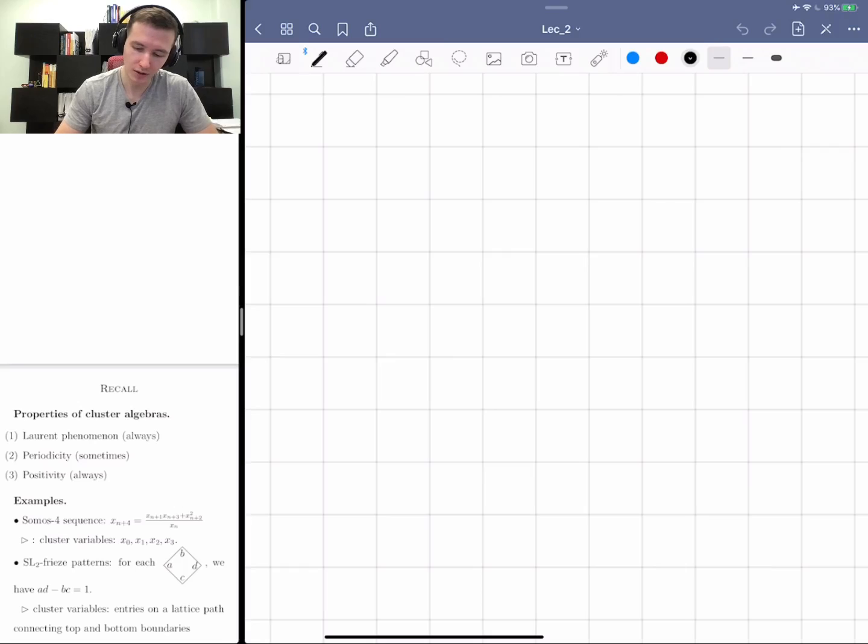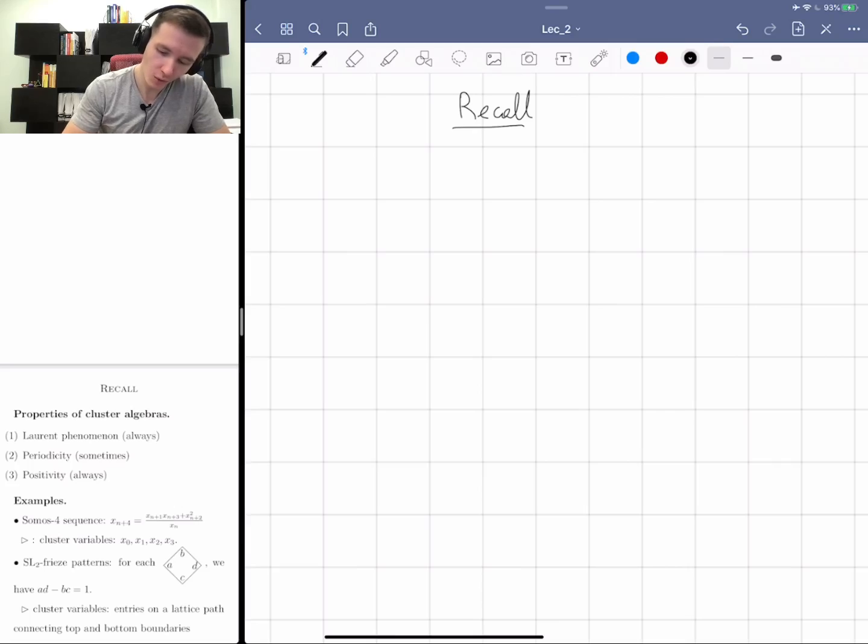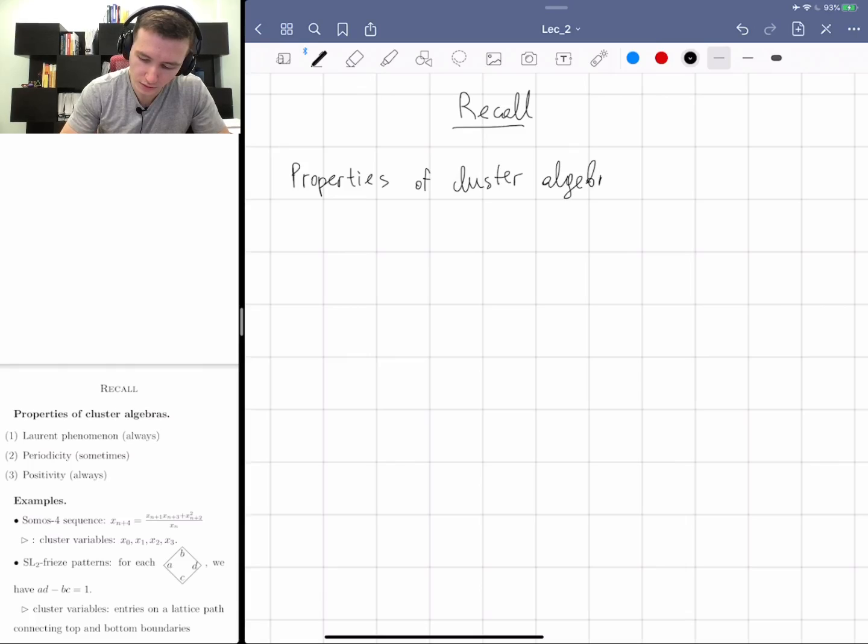And so let me first remind you what we did last time. Last time I was talking about some properties and examples of cluster algebras, which I haven't defined yet.